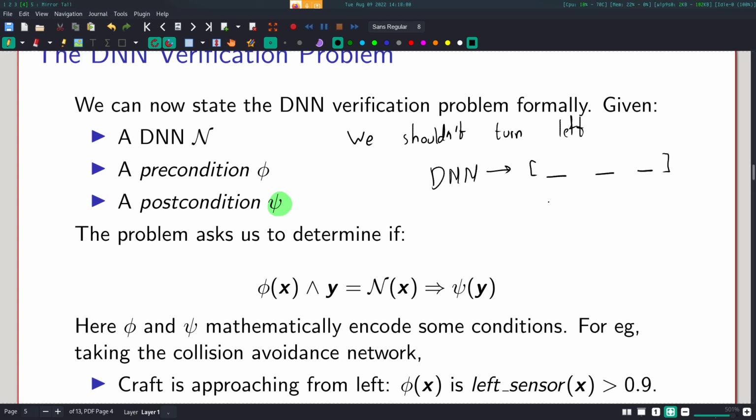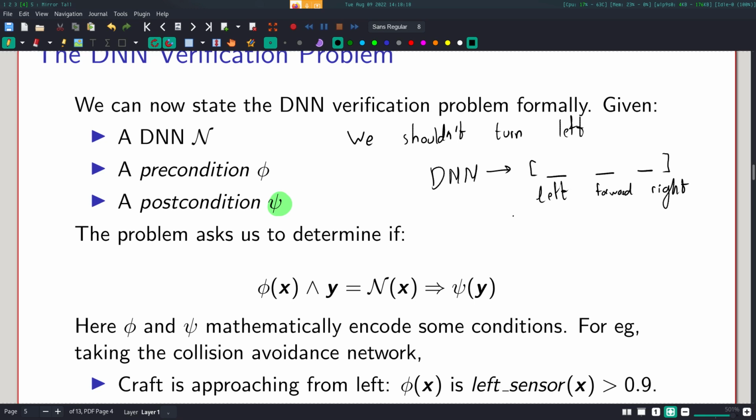Depending on whichever component has a very high value, the aircraft will try to follow that particular order. So maybe there is a component for left, there is forward, and then there is right.